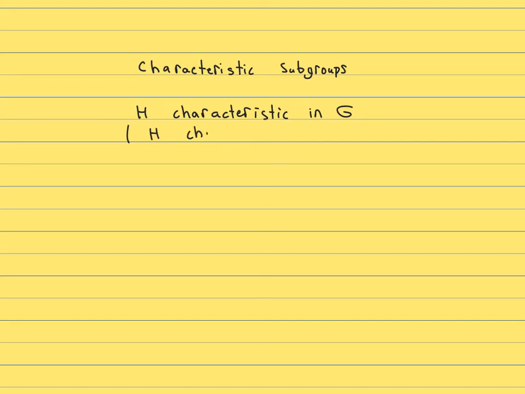So here we'll start off by talking about characteristic subgroups. H is characteristic in a group G, written as H char G. So this char is in place of the other types of symbols we usually use.